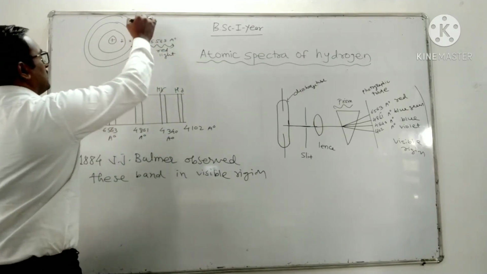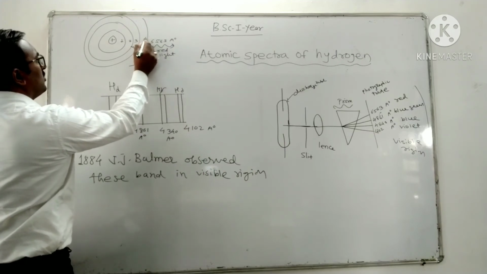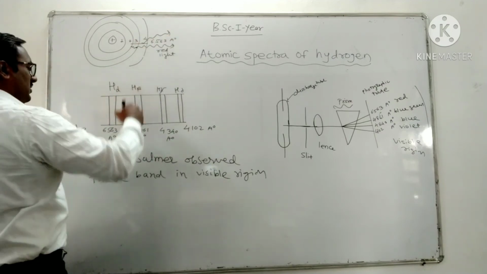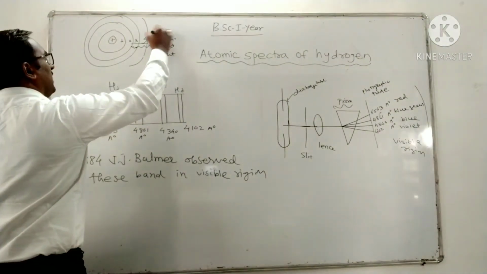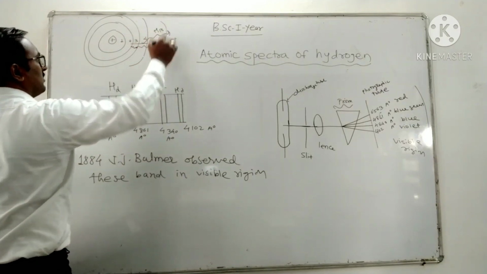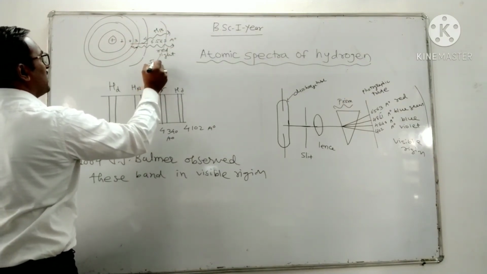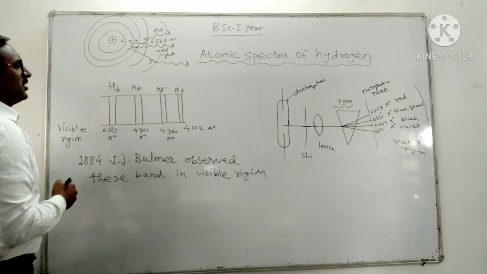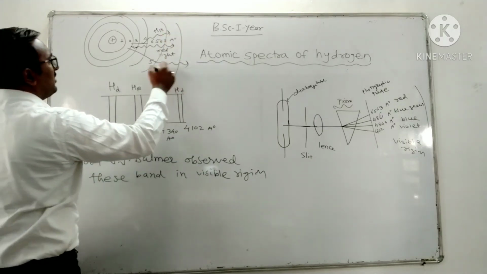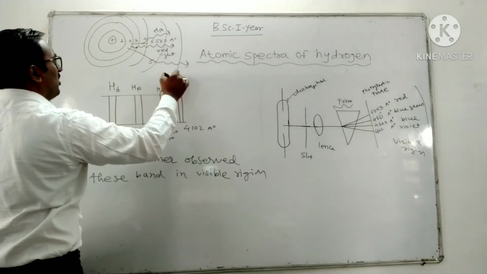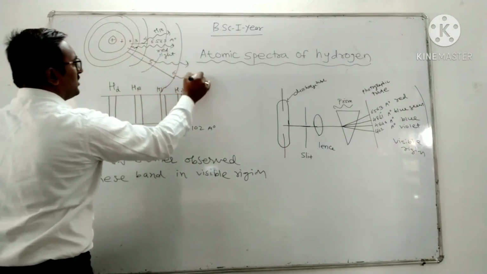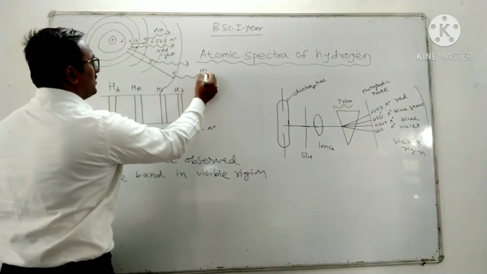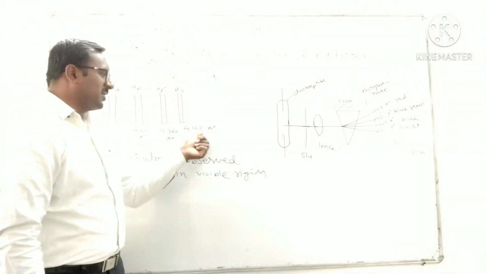Then whenever an electron jumps from the fourth shell to the second shell, again a photon is given out, which corresponds to the H beta band. Whenever the electron de-excites from the fifth orbital to the second orbital, a photon is given out, corresponding to H gamma. And whenever an electron jumps from the sixth shell to the second shell, again a photon is given out, corresponding to the H delta band, 4102.